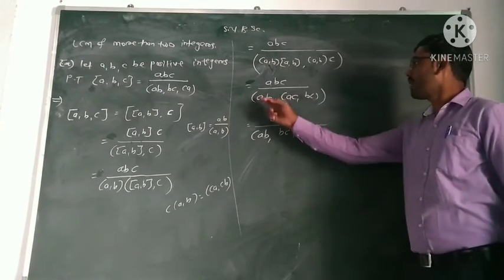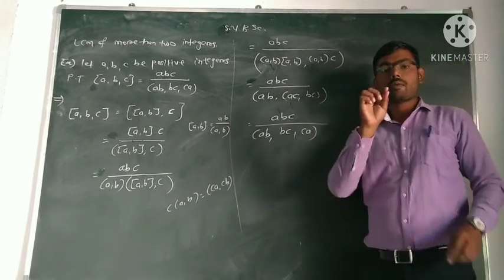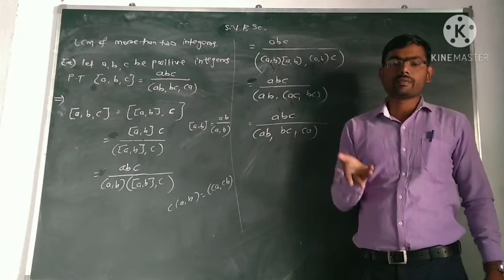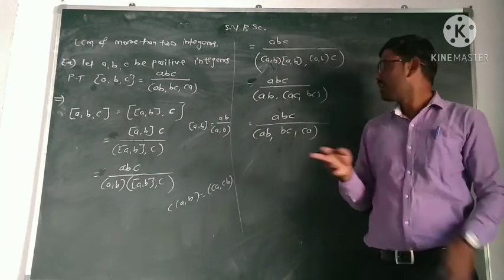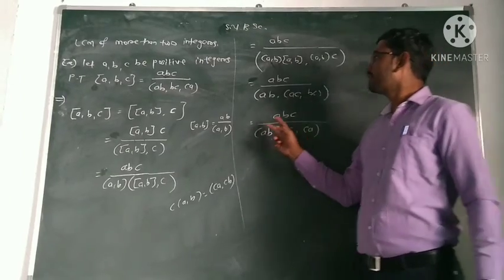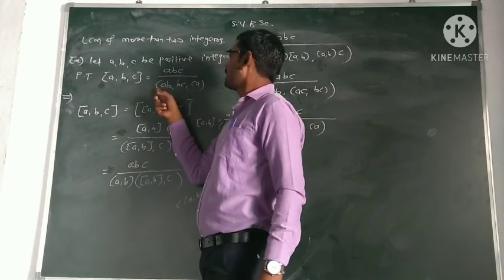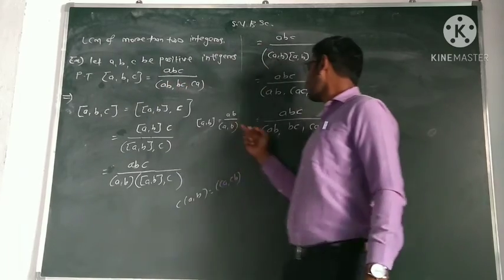B into C is the same as C into B because they are integers. So we get the LCM of ABC is equal to A into B into C upon the GCD of AB, BC and CA.